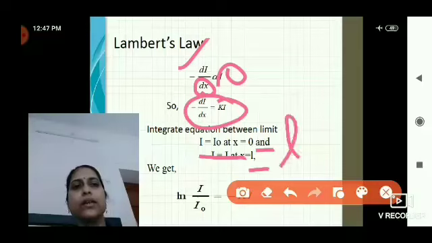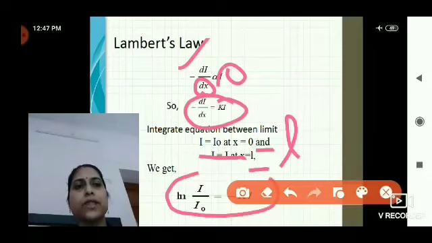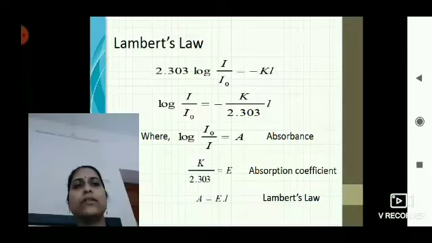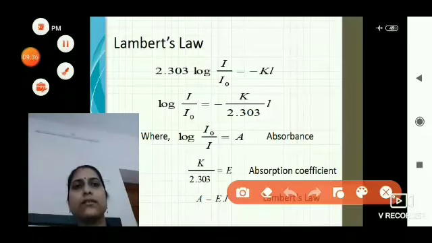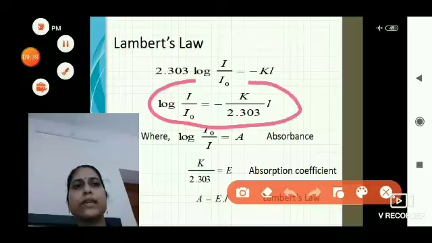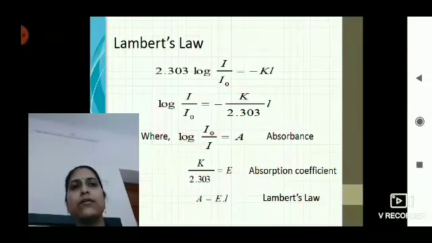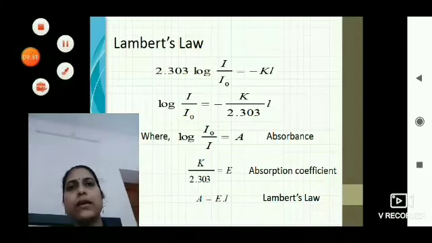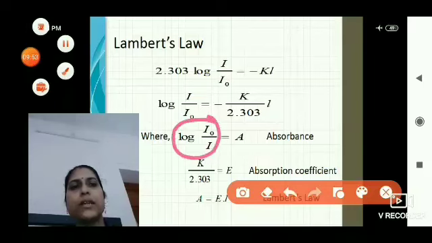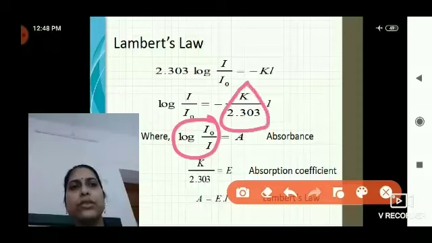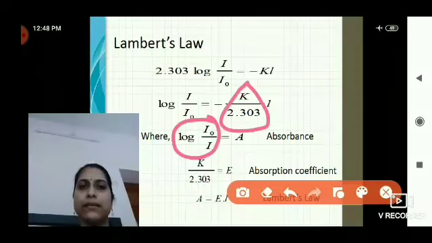you will get ln I/I0 = -KL. Now in log base 10, you get log I/I0 = -(K/2.303)L. Now log I0/I is equal to A, called absorbance, and K/2.303 is equal to ε, epsilon.